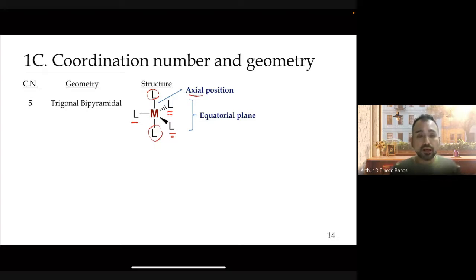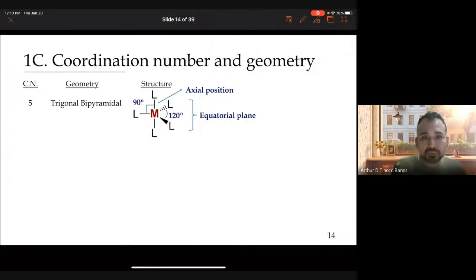And so now there's going to be another distinguishing feature where you're going to have different ligand-metal-ligand bond angles. So let me clean this up so you guys can see this better. All right, so let's distinguish these ligand-metal-ligand bond angles. When you're focusing on a ligand from the axial position interacting with your metal, and then a ligand that is in the equatorial plane, well, that ligand-metal-ligand bond angle is 90 degrees, okay?